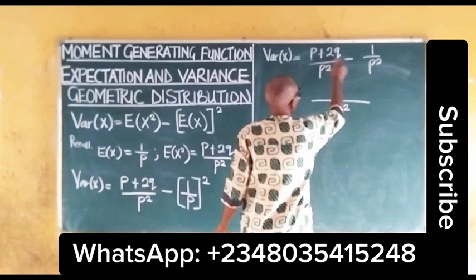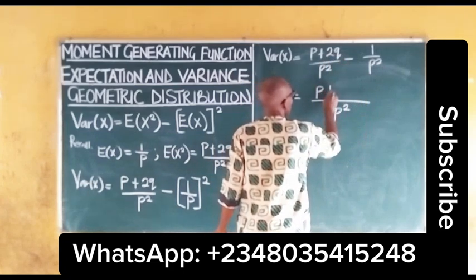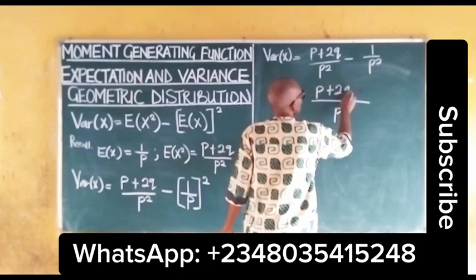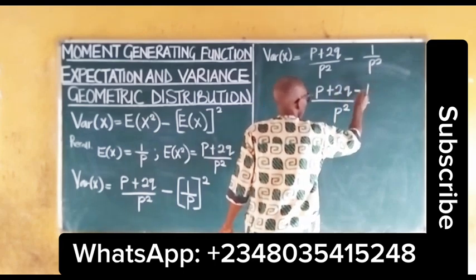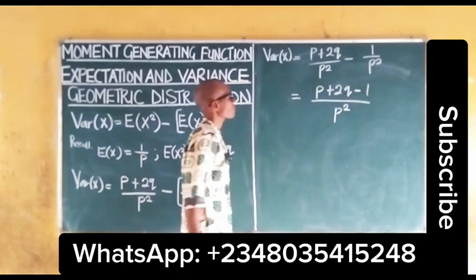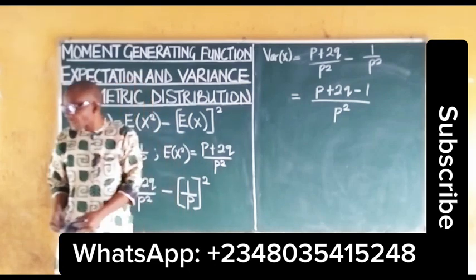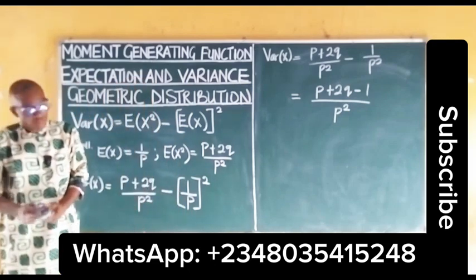All we need to do is just to bring out this. This will now give us p plus 2q minus 1. So that is what we get.